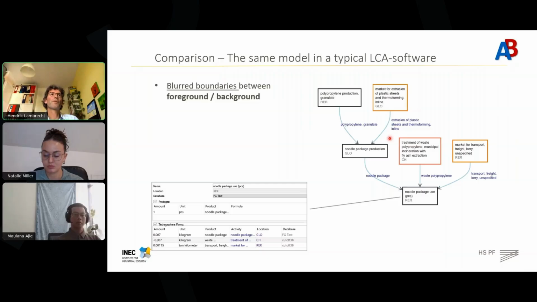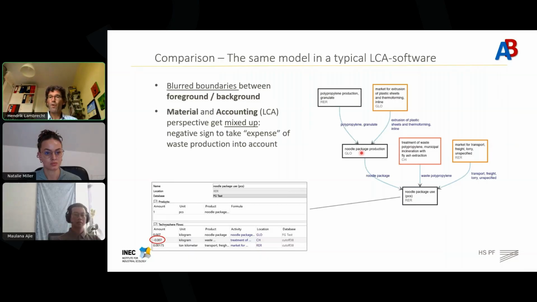So in general, we have what I would call blurred boundaries between foreground and background. You start with your noodle package, and there are some processes that you define yourself. There are others you take from the database, and it's really a very fluid transition between those 2 systems. And from a teaching perspective, I find it useful to make a clear distinction here.